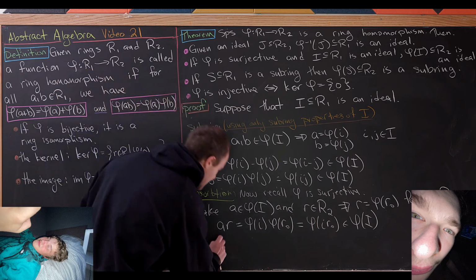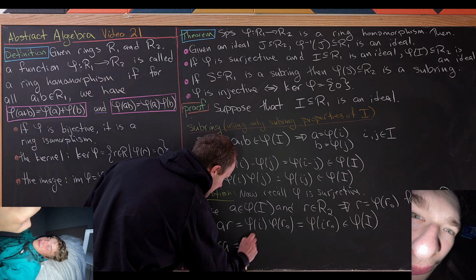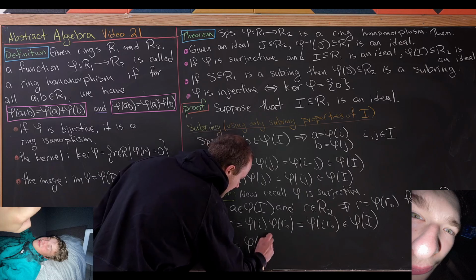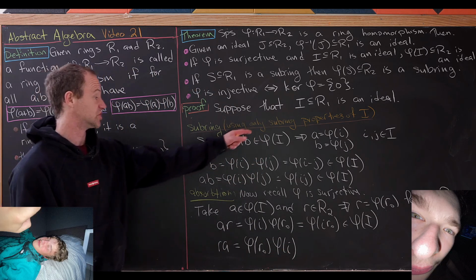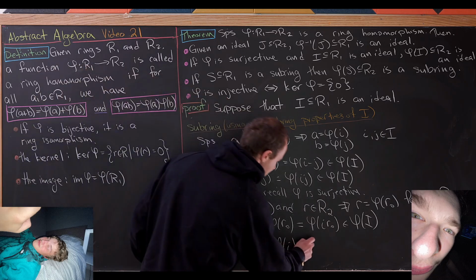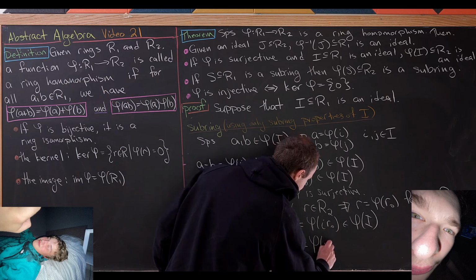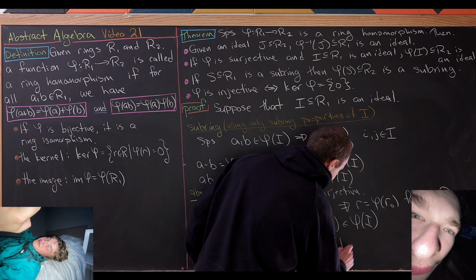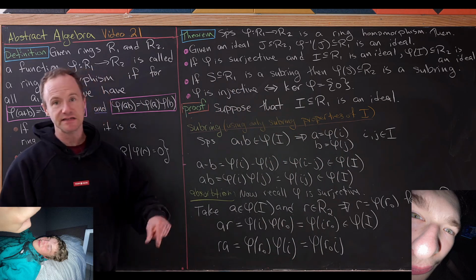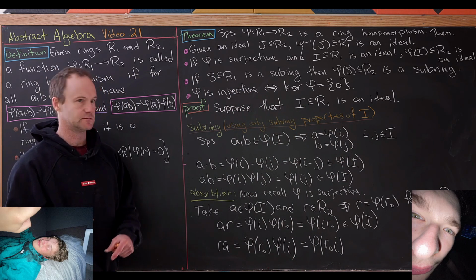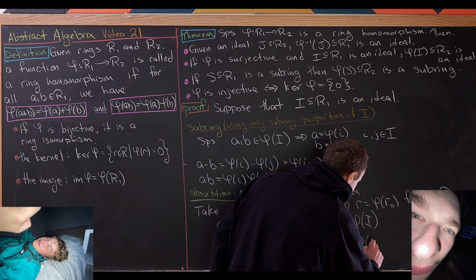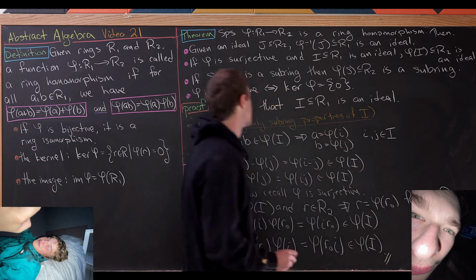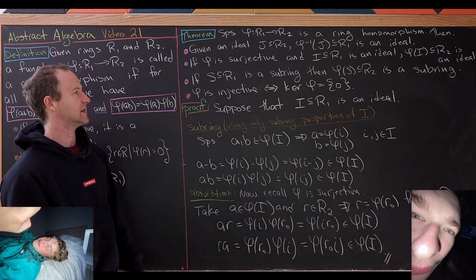And then the same thing for r times A. This is phi of r naught times phi of i, again adopting this notation up here. Since we've got a ring homomorphism, this is phi of r naught times i. But r naught times i is inside of the ideal I because it's an ideal, so this is inside of the image of I. So that proves this second dot.